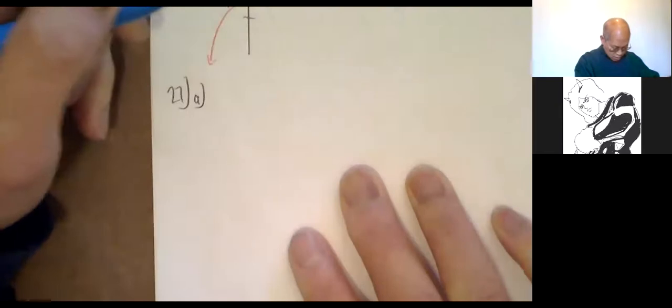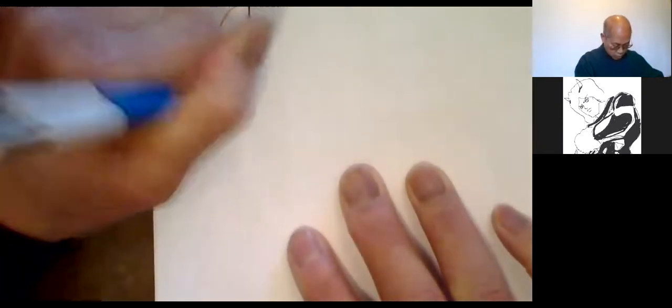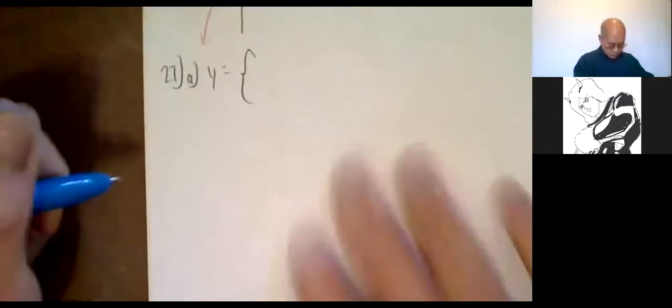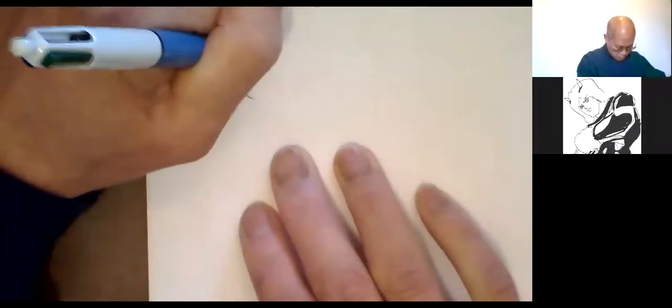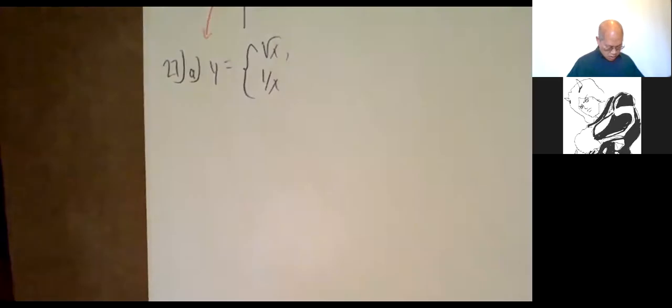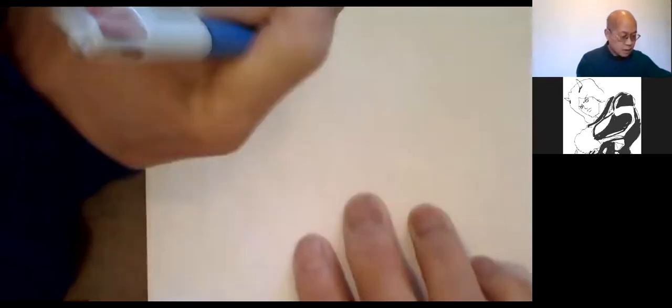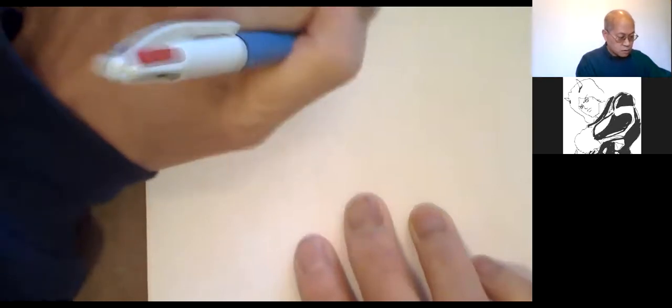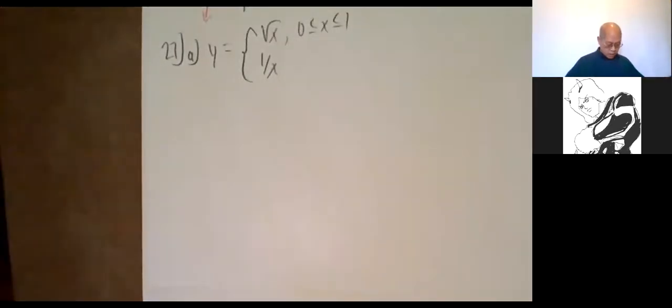Okay. So y is equal to radical x, 0 less than or equal to x less than or equal to 1. And then 1 over x between 1 and 2.